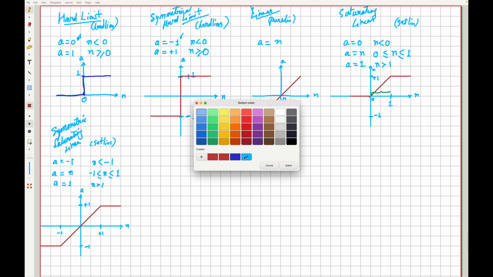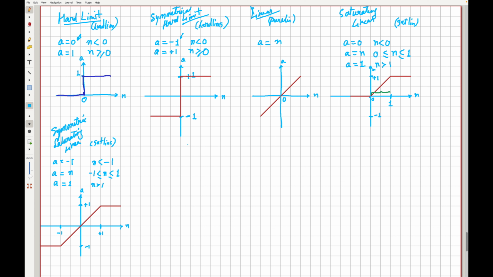The next transfer function we are going to look at is log-sigmoid, and this is by far one of the most common. So log-sigmoid, and this is called log-sig. With the log-sigmoid, the way we calculate a is as follows: a is equal to 1 divided by 1 plus e to the power minus n, and here, as you may know, n is equal to w dotted with p plus b.